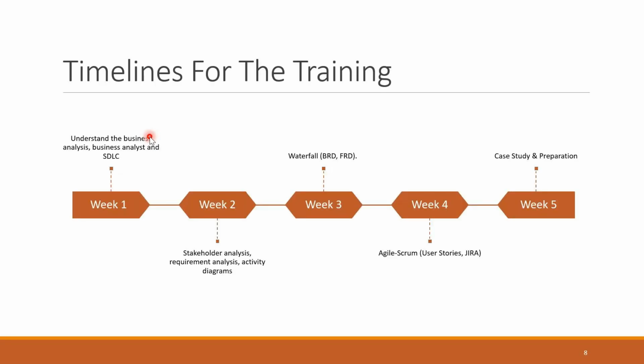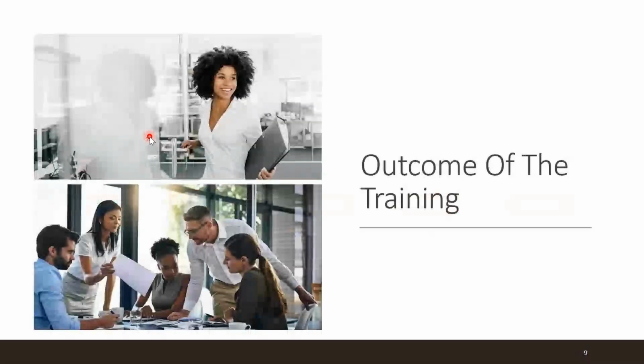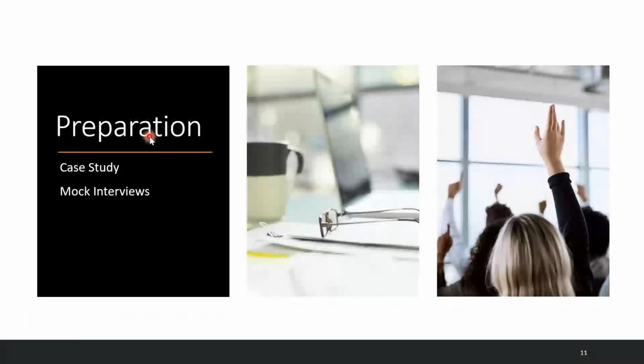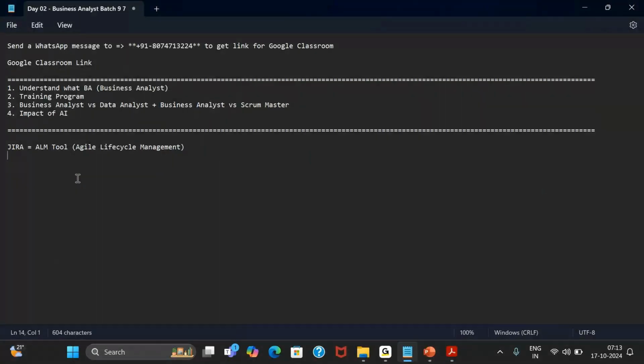Now there's one more thing left in this training program, and that is the preparation part. What happens in preparation is, once we are done with all our technical topics and understanding of the tools, then at the end of this training program, we will be conducting 2 to 4 classes.